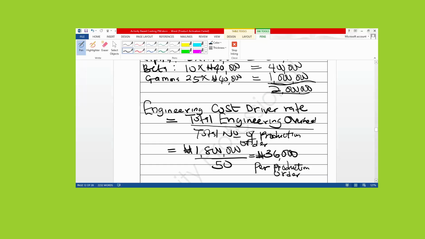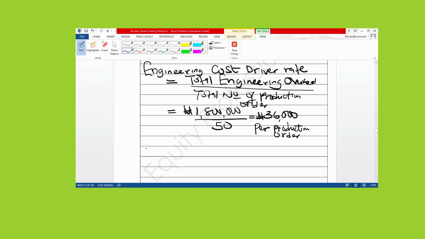Now we go to allocation. Allocate the 1.8 million to the various products. Alpha, we have 15 production orders. Beta, 10.